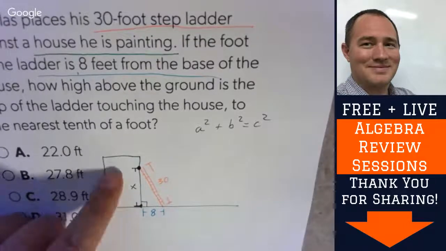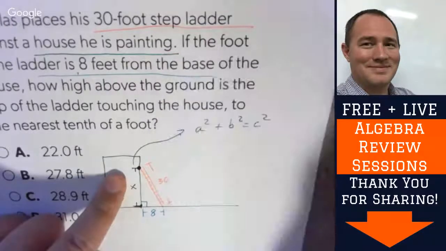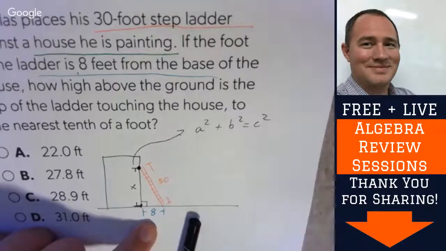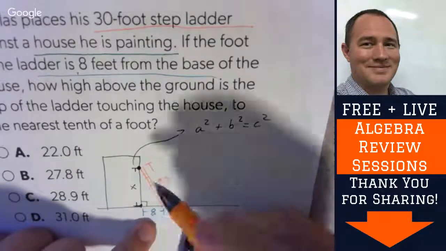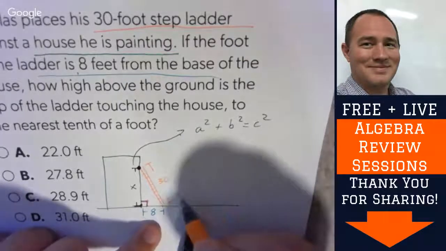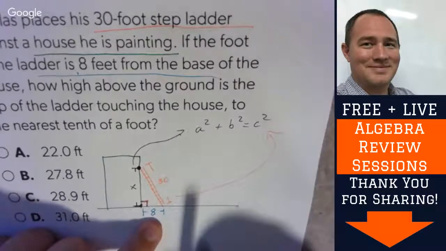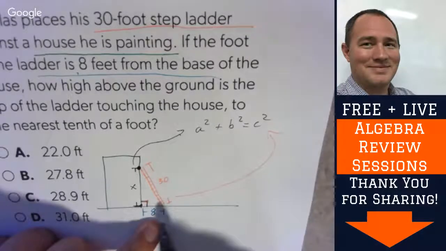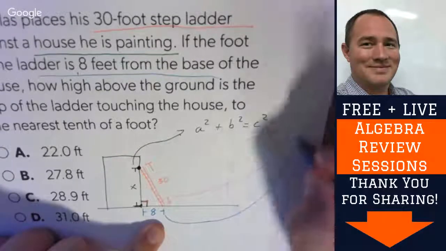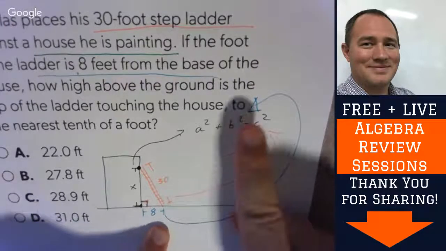And so one of our legs, I'll make that a. The longest side, the side across from the right angle, is going to be the hypotenuse. And the other leg of the triangle is going to be our other leg.